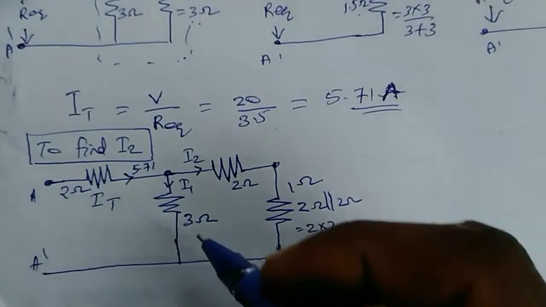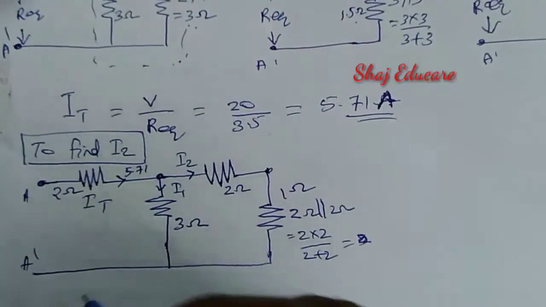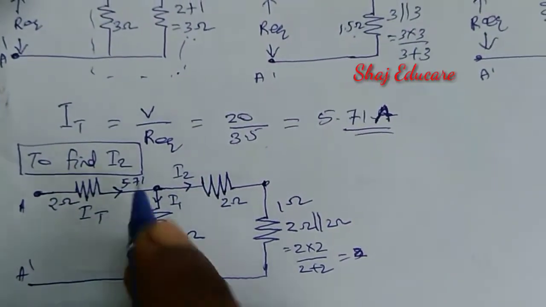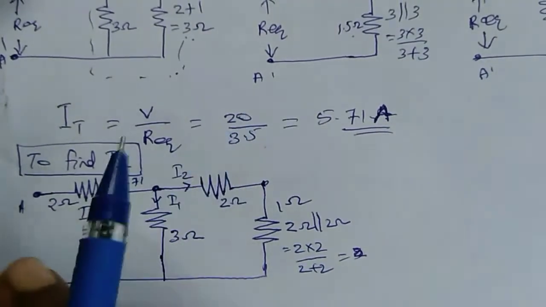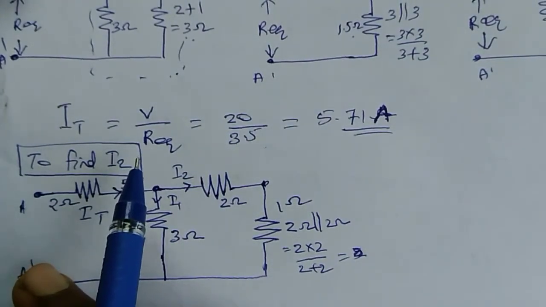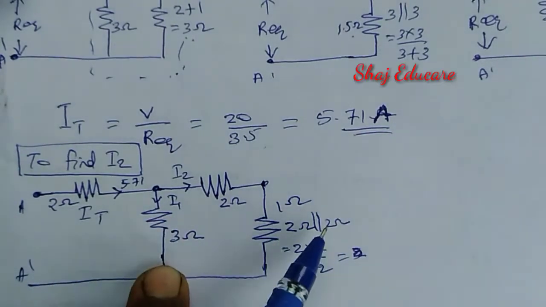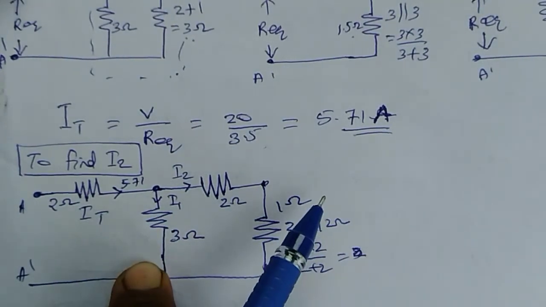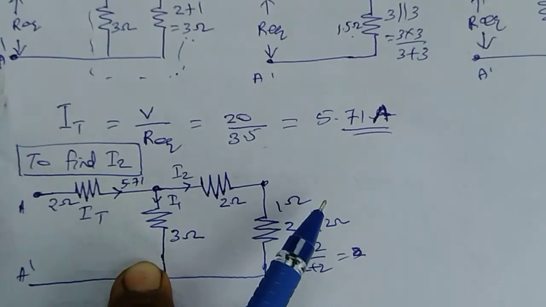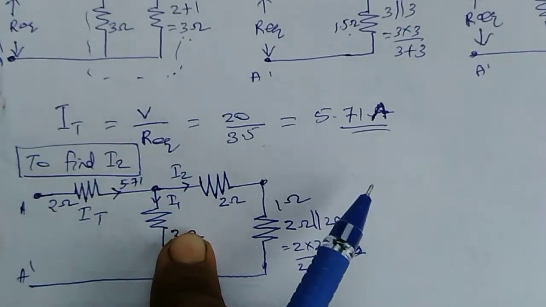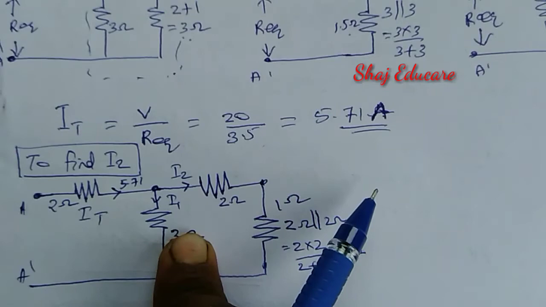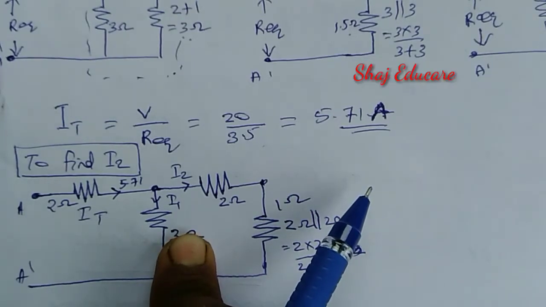Now let's apply the current division rule. I am not going to discuss the current division rule deeply, because our aim is to prove the reciprocity theorem. Try to find the current division rule in my previous video, and the link will be available in the description box.